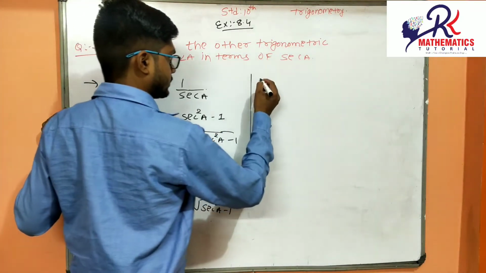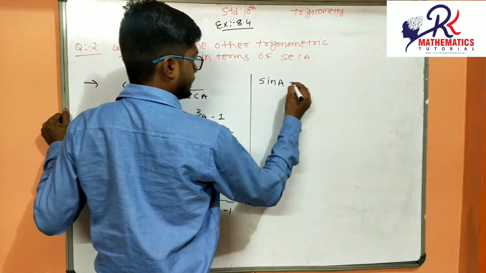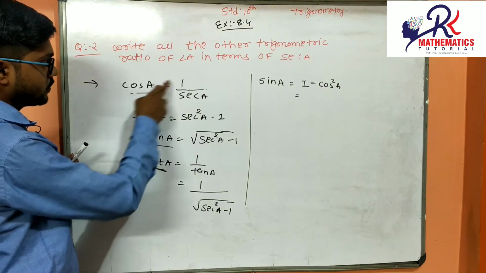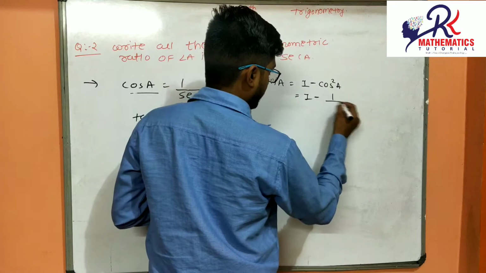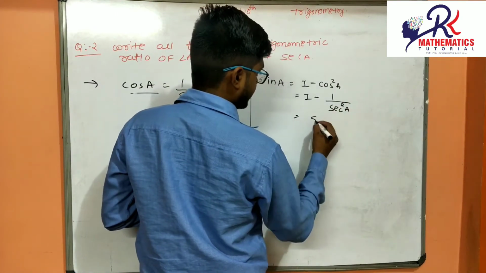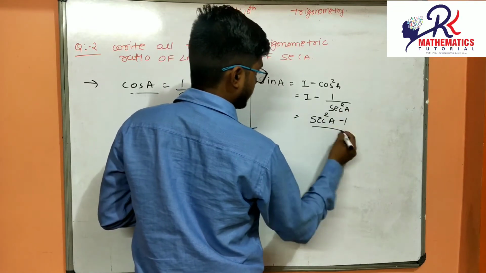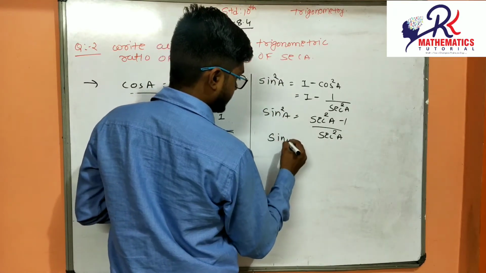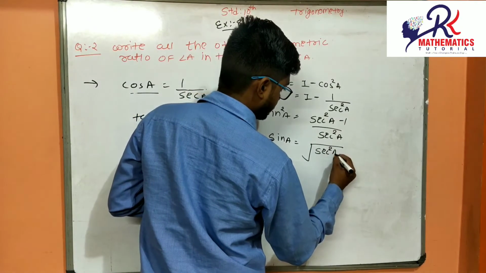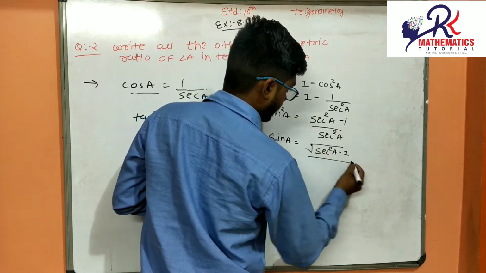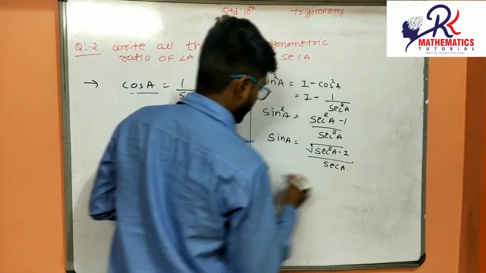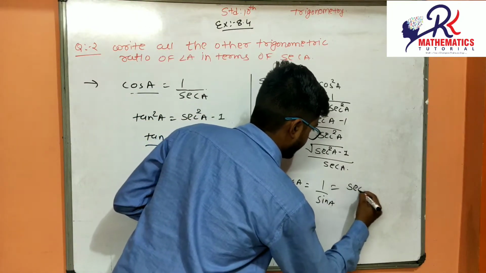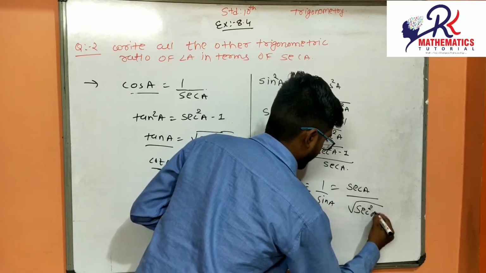Now cosec. First we find sine. So sine square A is 1 minus cos square A. Now here cos is 1 upon sec, so it is 1 minus 1 upon sec square A. Now taking the LCM, it is (sec square A minus 1) upon sec square A. So it is sine square A. So sine A is the square root of (sec square A minus 1) upon sec square A. Here the square root of sec square A is sec A. Now cosec A is the inverse of sine, so it is 1 upon sine A. So we can write sec A upon the square root of sec square A minus 1.